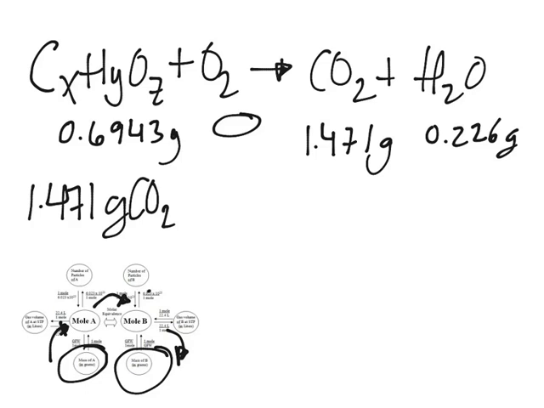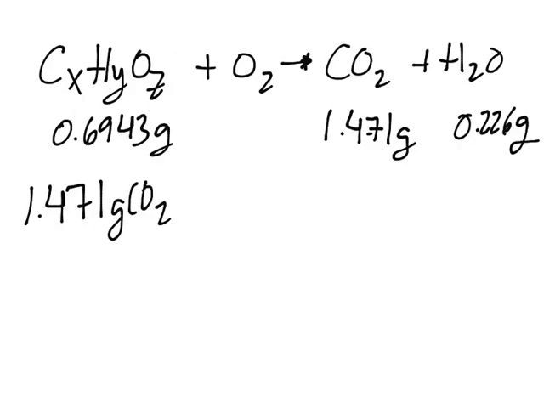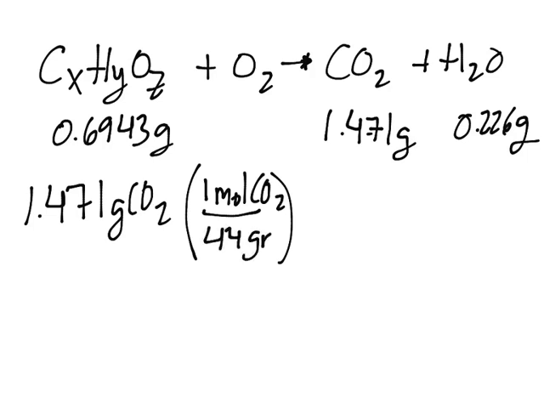I'm going to erase it because it won't fit. So the first thing we want to do is go from grams of CO2 to moles of CO2. We know that 1 mole of CO2 would be its molar mass, which is 44 grams of CO2. Now we want to go from moles of CO2 to moles of carbon.